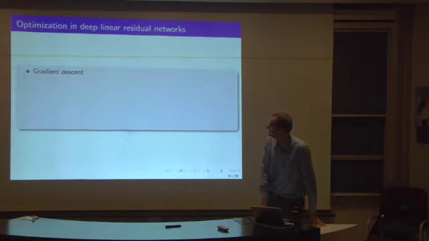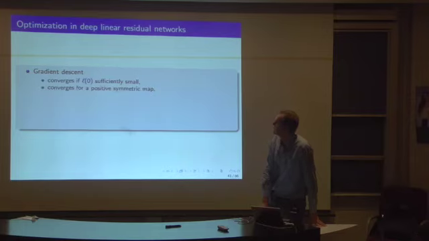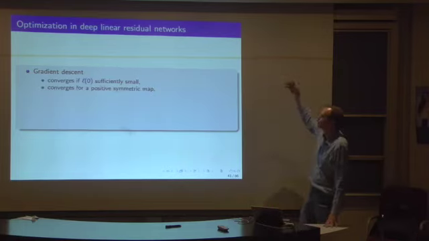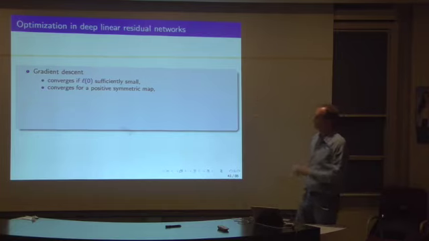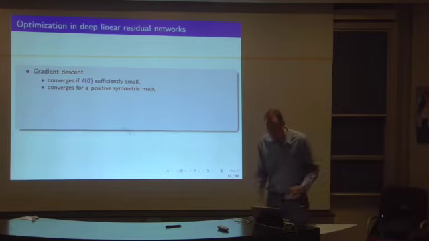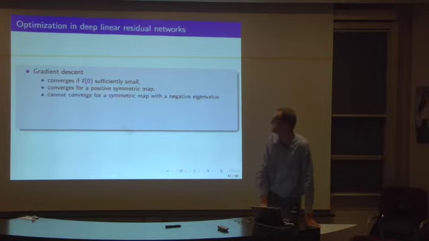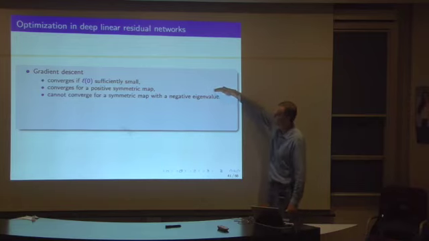All right, I should stop there. So just to summarize, for the second part of the talk, gradient descent converges if we've got a sufficiently small starting point with these identity maps. If we've got a positive symmetric map, we get a convergence result there. Without the positivity condition, for the symmetric case, we certainly don't get convergence.